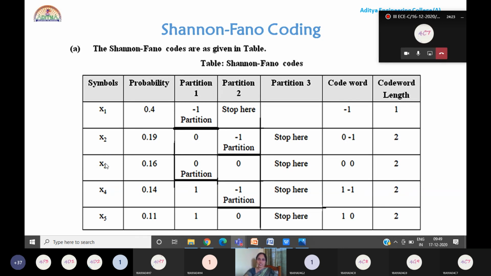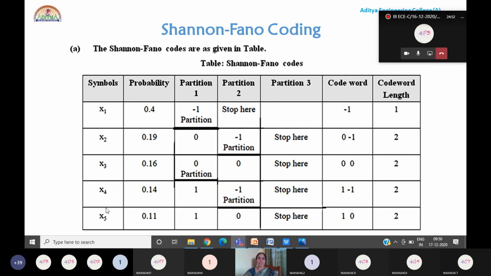So we can assign -1 to the x2 subset and 0 to the x3 subset.